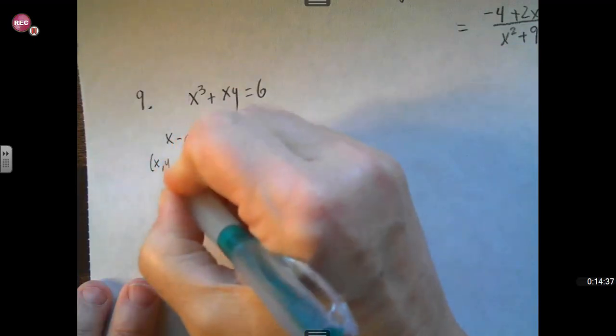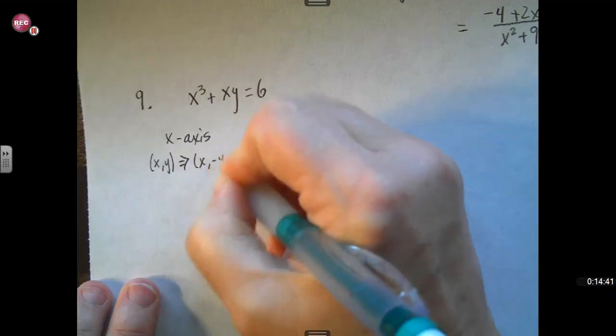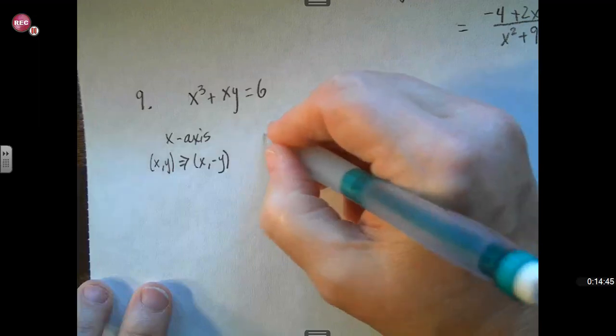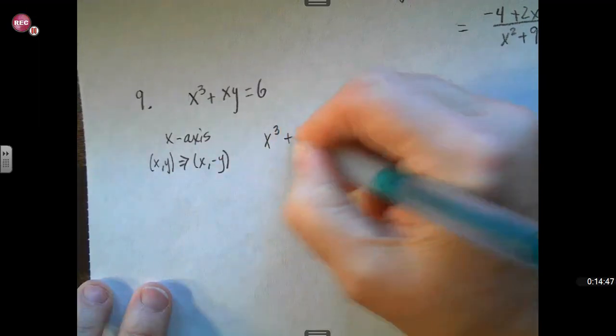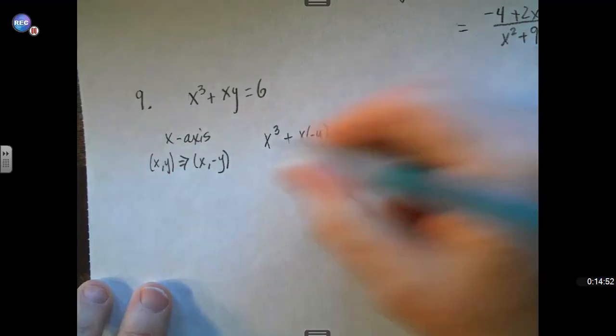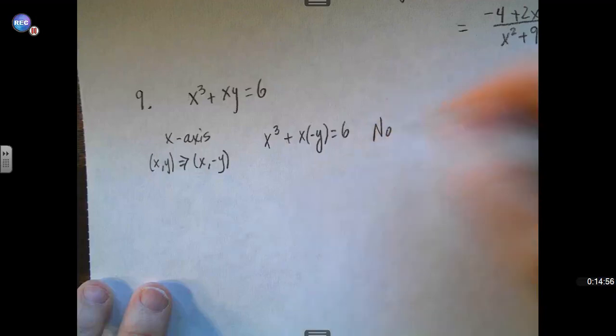And to check for symmetry in the x-axis, xy gets mapped into x minus y. So I go to my equation and I change anything that's y to minus y. And then I ask myself, do I have the exact same equation? And the answer here is no.